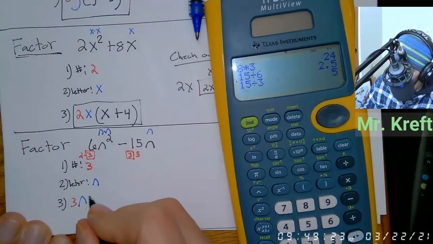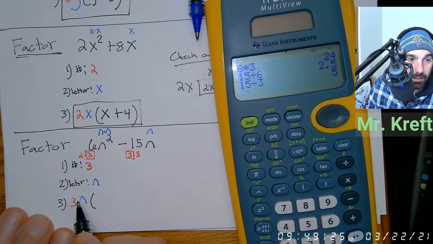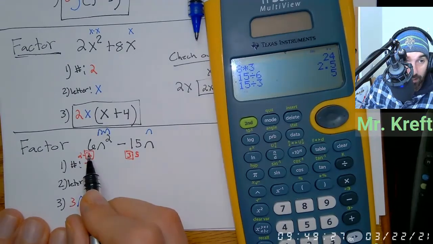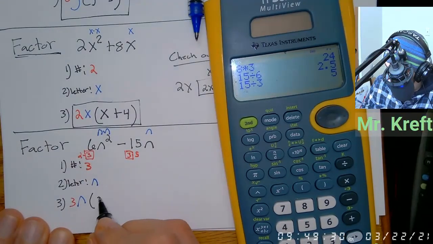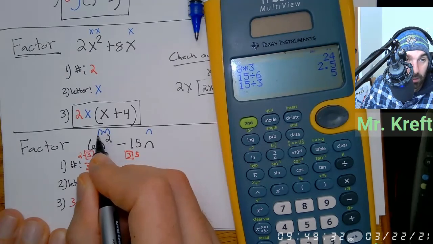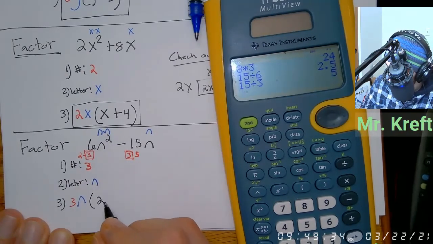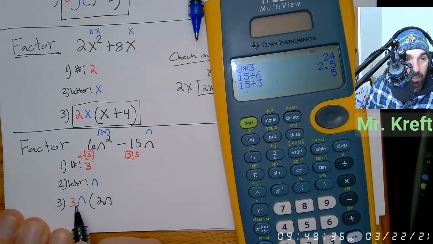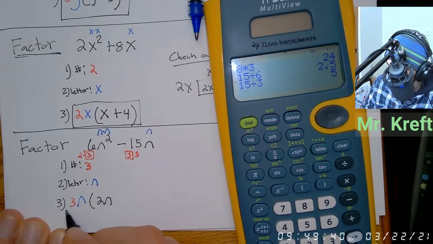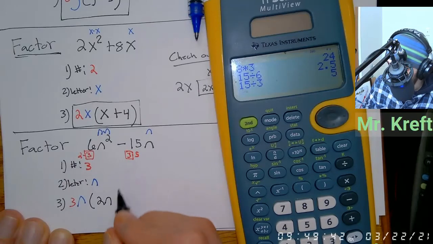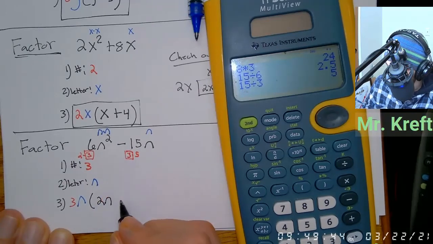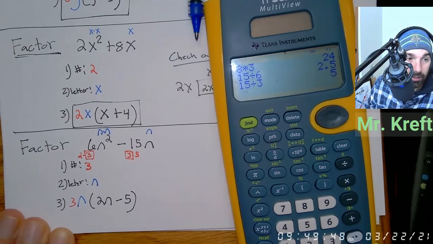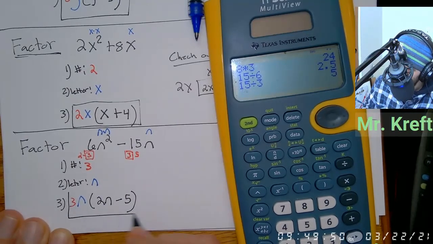I'm going to pull out a 3n, and then 3 times what gives me 6? That's 2. And then n times what gives me n squared? Well, it has to be another n, right? So 3n times 2n, that's 6n squared. And then 3 times what gives me 15? That's 5. And it's negative, right? So I have to go minus 5, and there's already an n there, so I'm going to go like that.